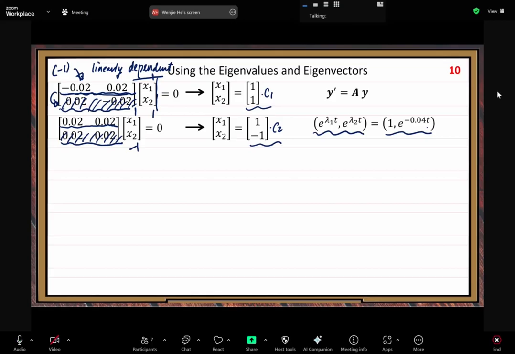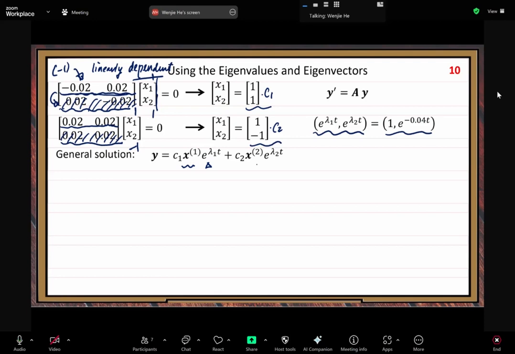The general solution: y equals c1, a constant, times the first eigenvector, x sup 1, times e to the lambda 1 t. That's the way we use the first eigenvalue.